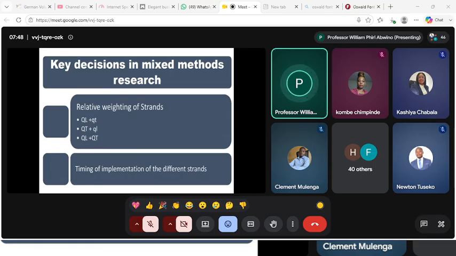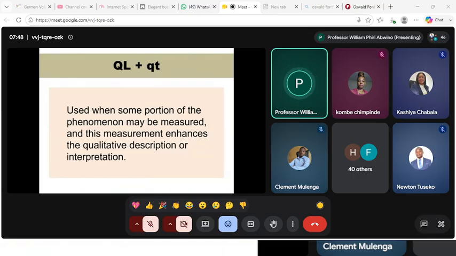Then the timing of implementation of the different strands. Those are the key decisions. So let's look at the QL plus QT. This one is usually used when some portion of the phenomenon may be measured, and this measurement enhances the qualitative description or interpretation. So that's the QL plus the QT.